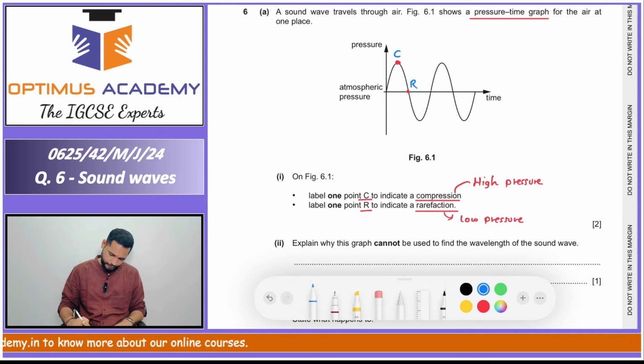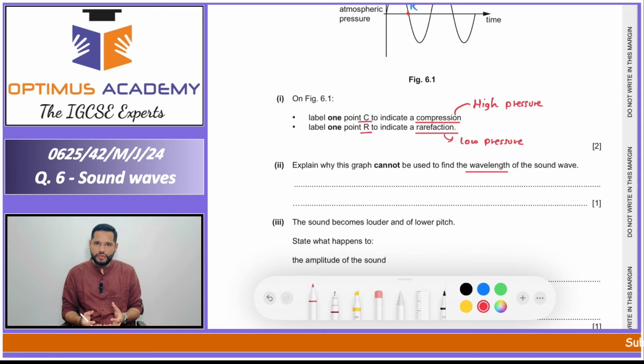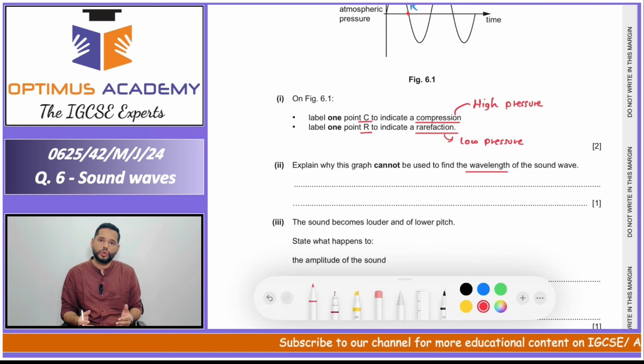Next, they are asking, explain why this graph cannot be used to find the wavelength of the sound wave. Now to find out the wavelength, we need to know the displacement of the particle, because wavelength is the distance between the two consecutive compressions or rarefactions. For that, we need to know the movement of the particles from their mean position.